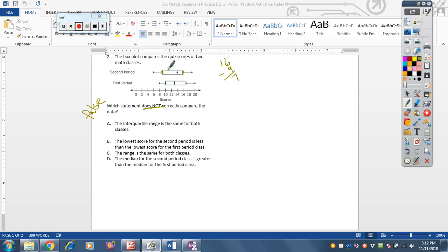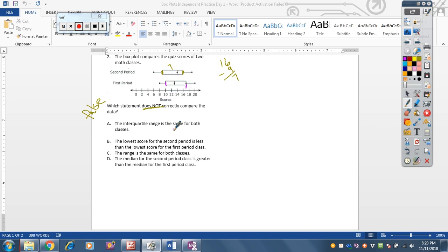So the interquartile range for second period is 7. Interquartile range for first period, well, that's going to be 17 minus 10. Right? It's also 7.